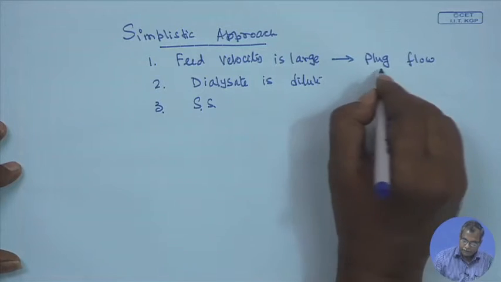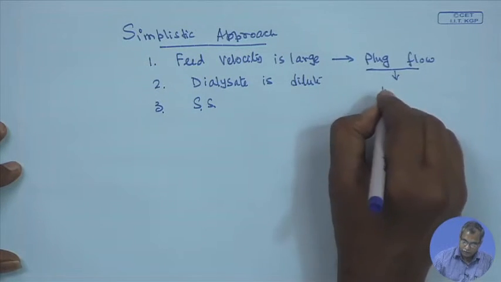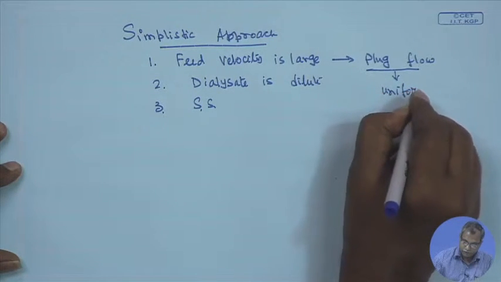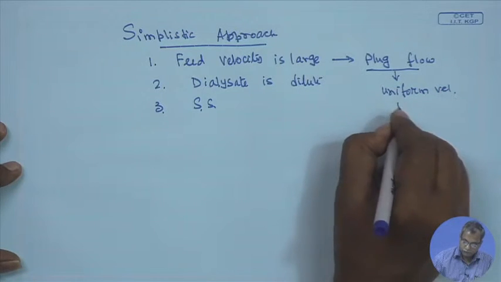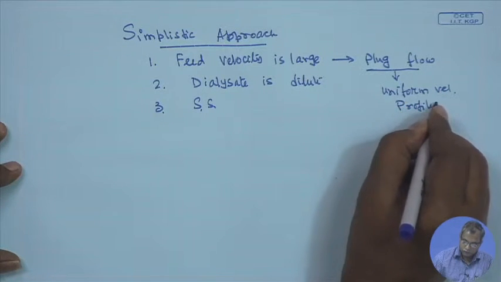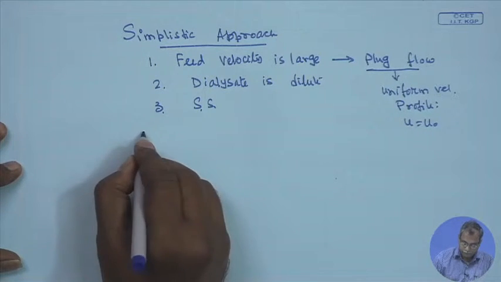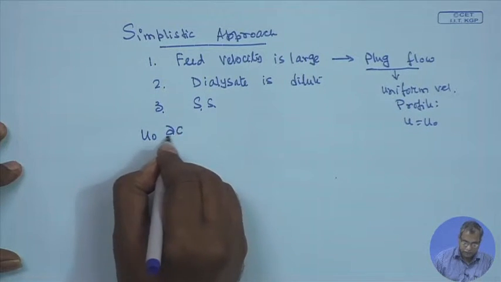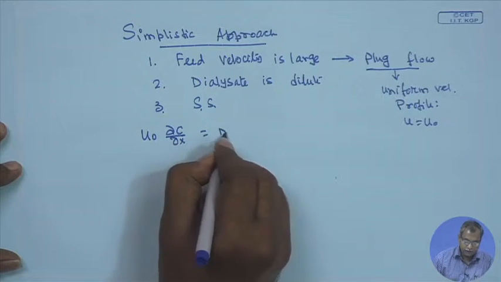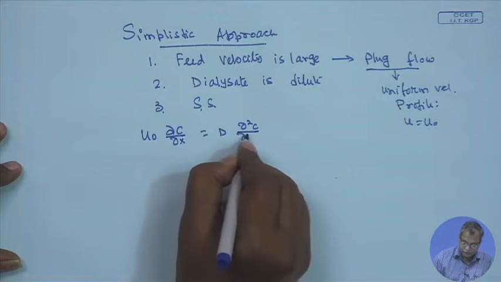If it is a plug flow, we will be having a uniform velocity profile, u is equal to u naught, then our whole analysis becomes simplified, and we will be having u0 del c del x is equal to D del square c del y square.